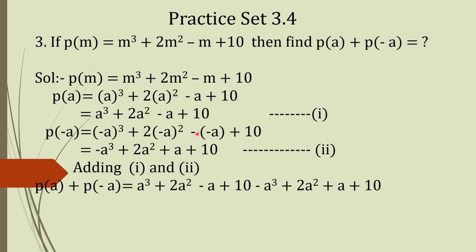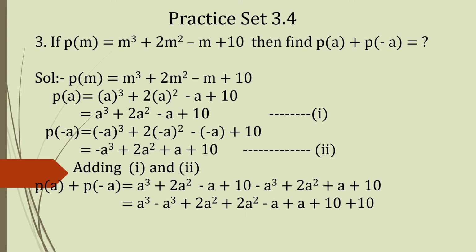Now students, next step, let's arrange the like terms. So arranging, a cube and minus a cube together, 2a square and plus 2a square together, then minus a plus a, and plus 10 and plus 10. So we have arranged the terms.